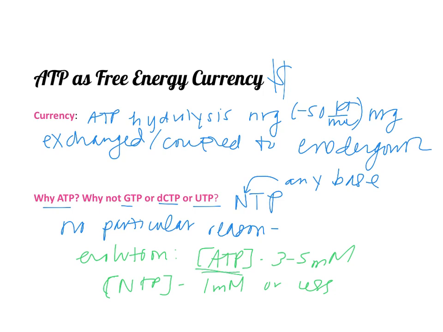And then the enzymes have evolved to recognize the A, the adenosine, and not G or C or U. So there's no very particular reason other than evolutionarily enzymes have evolved to recognize this ATP, and therefore there's also a higher concentration of ATP than the other NTPs.